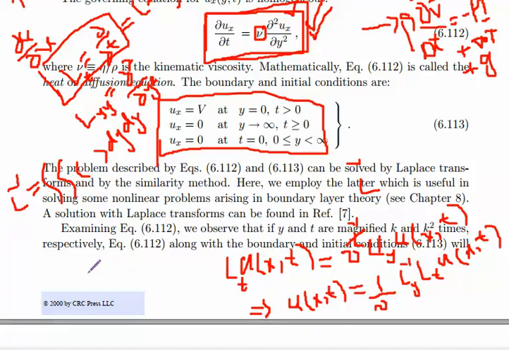So this d square u by dy square, we can say this is equal to 0, because if you revise that lecture, we can see that the zeroth order solution is equal to the function value plus the source term of the partial differential equation.